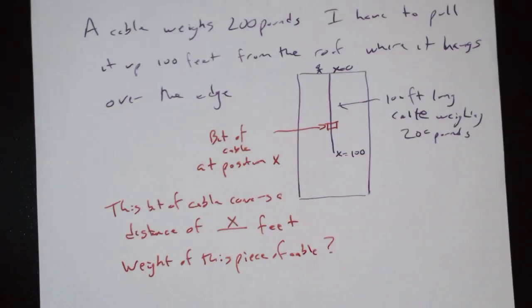What is the weight of this piece of cable? That actually is something I don't know yet, because I haven't answered an important question. If this is my slice of cable, is it a big slice or a little slice? I get to decide how big the slice is, right?